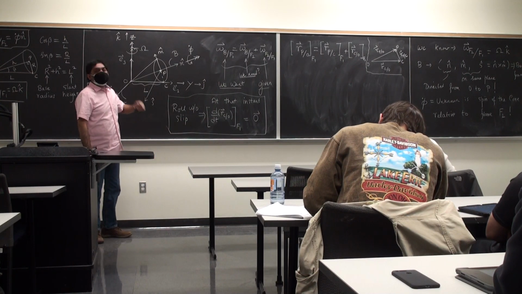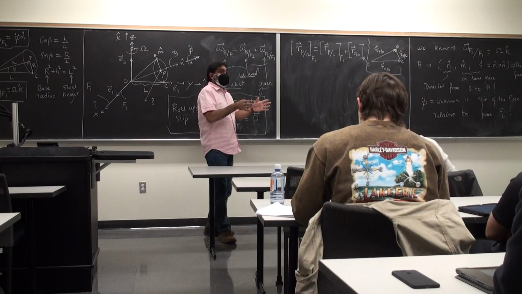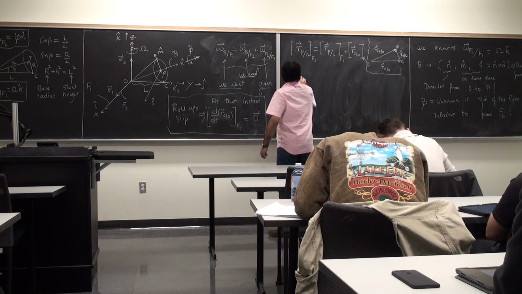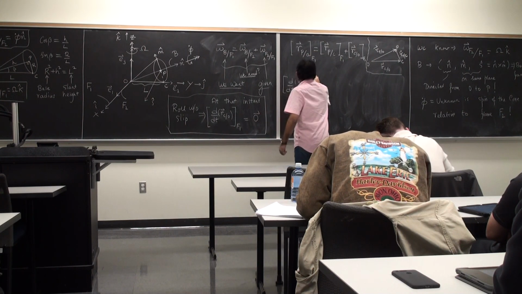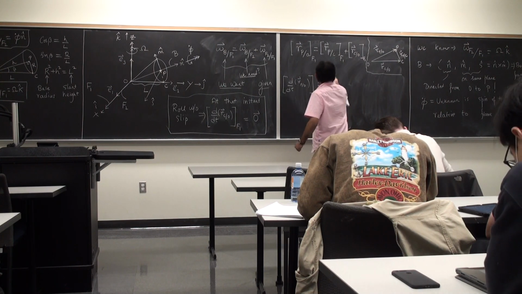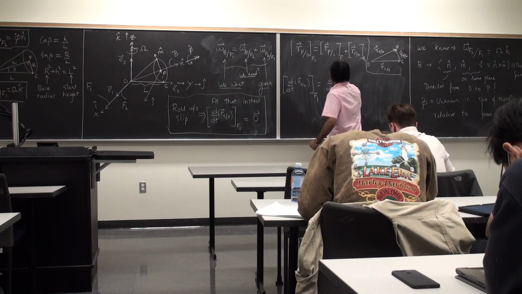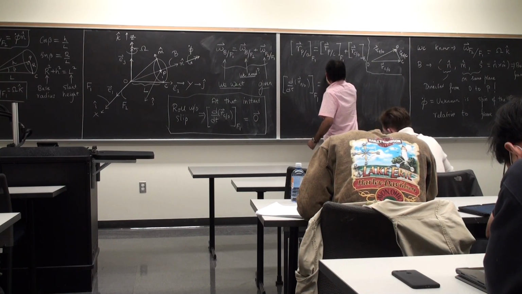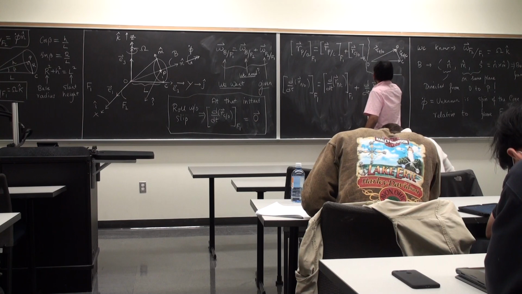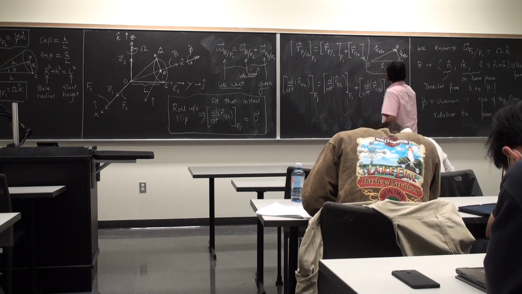So let's differentiate with respect to an observer sitting on frame F1. d by dt of R P slash O with respect to F1 is d by dt of R P slash C with respect to F1, plus the constraint term, d by dt of R C slash O with respect to F1.